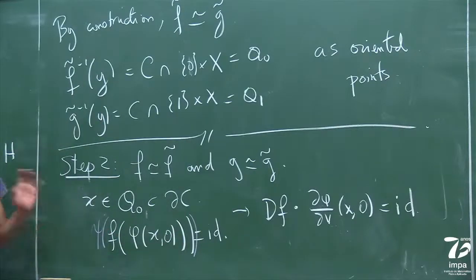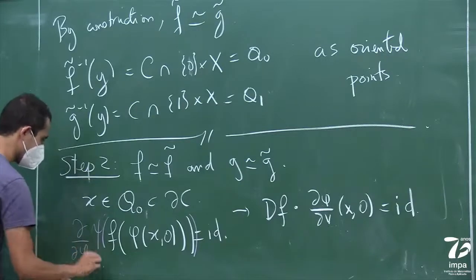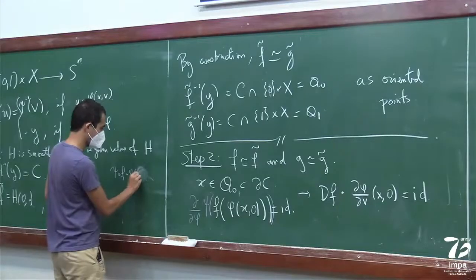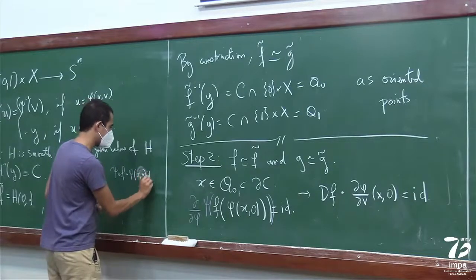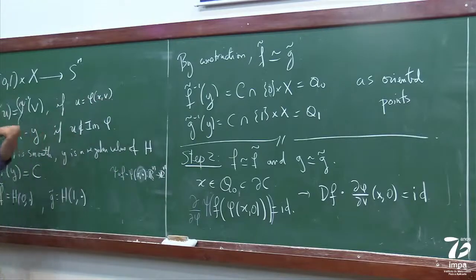You have to look at the stereographic projection, and then you look at the derivative. Because this map, the stereographic projection composed with f, composed with phi of the point x, is a map from Rn to Rn.